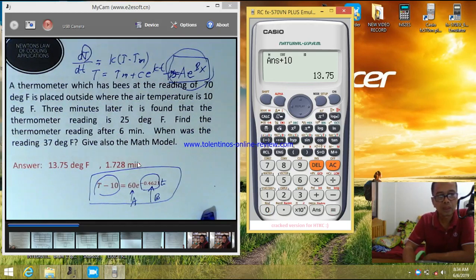And to get the time when it takes for the reading to drop to 37 degrees Fahrenheit, take 37 and subtract 10 to get the temperature difference, and then shift 1, 5, get that 4, that's the time. Okay, you get 1.728 minutes.